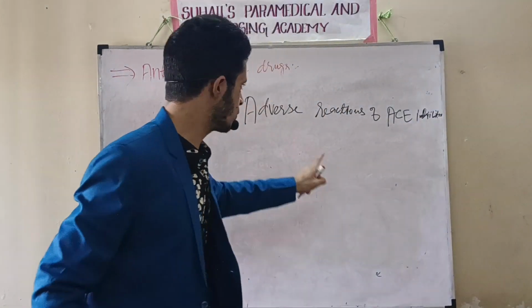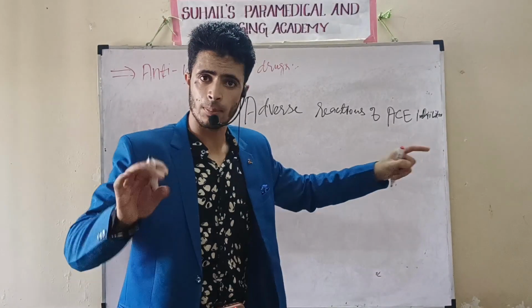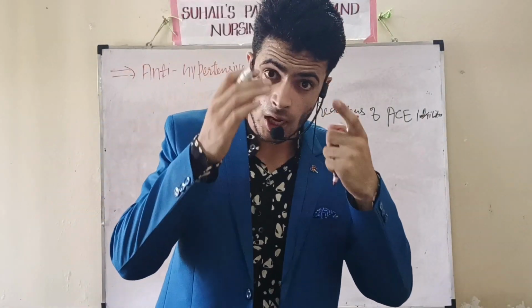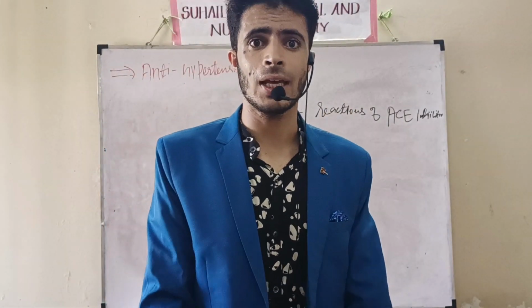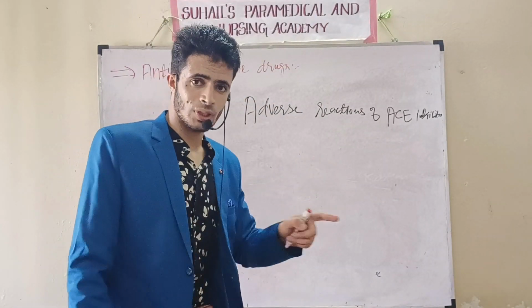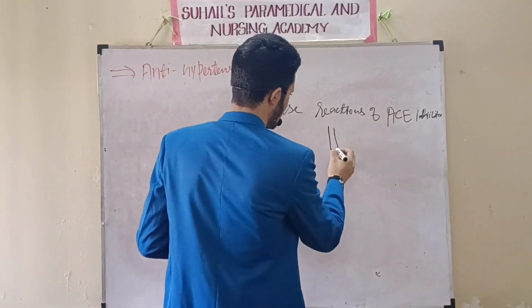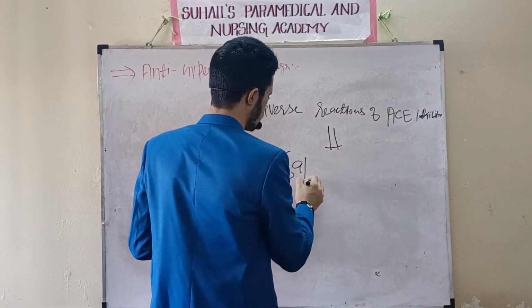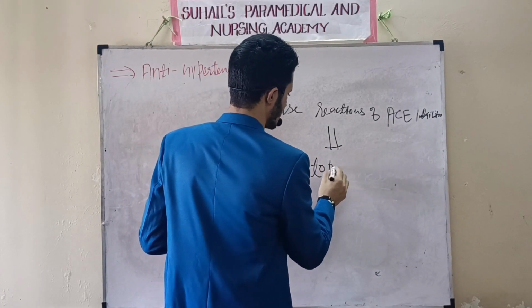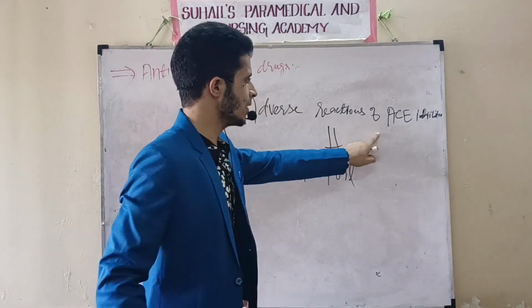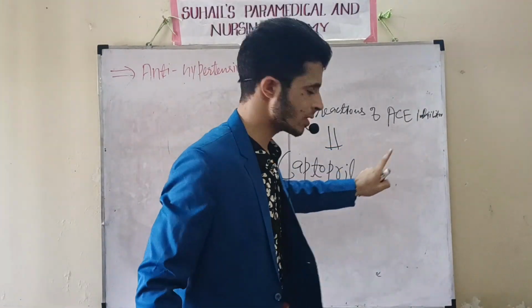I already told that angiotensin converting enzyme inhibitors are important. So if the question was asked specifically about the angiotensin converting enzyme inhibitors, that time you can put these. How you can remember, I will tell a mnemonic. The mnemonic is captopril. The drug that comes under the angiotensin converting enzyme inhibitors is captopril.